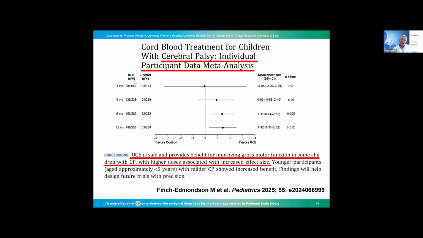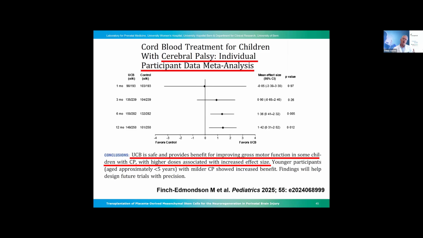You can see here, after 1 month, 3 months, there was no significant effect, but already after 6 months and then after 1 year, a long-term effect, but also a long-term lasting effect, a positive effect of improvement of gross motor function in these children.